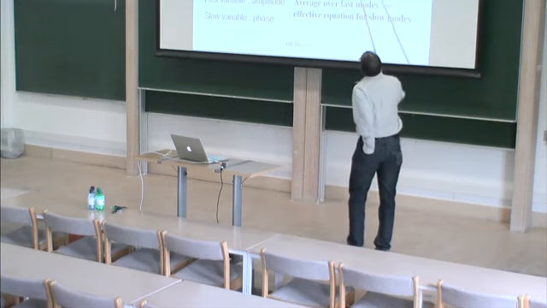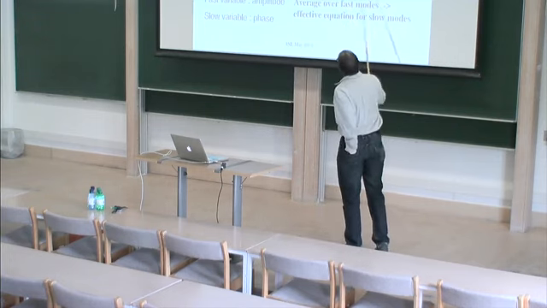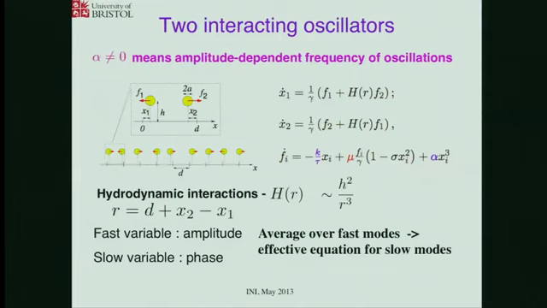So let's just take a pair of such objects. We have one of these oscillators. Again, we're in the overdamped limit, but we have these active forces which have this form, and we have hydrodynamic interactions, and ask what happens. Now, you can have oscillations if alpha is 0.